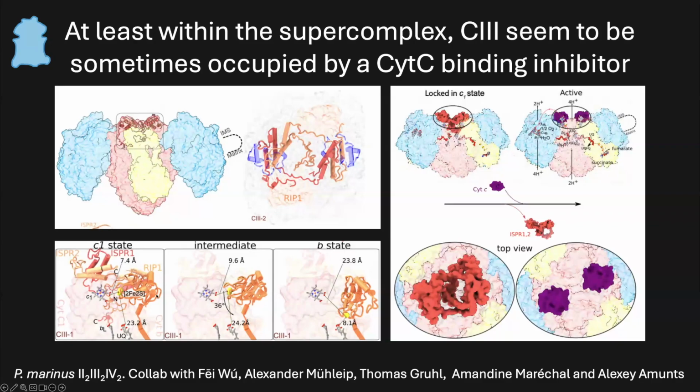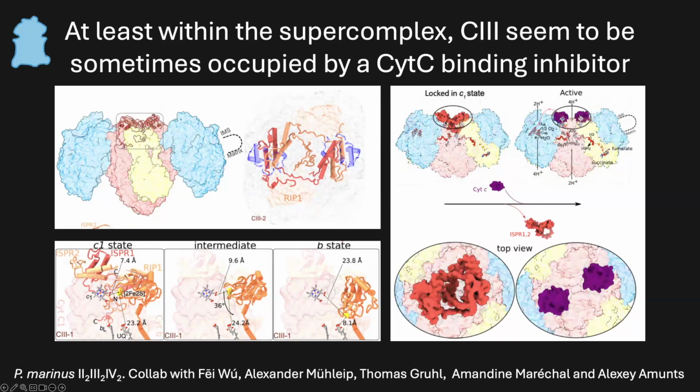And what he found is that in one of those 3 sub-states, in the place where the mobile carrier would normally bind, so that's where the electron exchange will happen, instead of the mobile carrier, we have a dimer of proteins that they named ISPR1 and 2, a heterodimer.